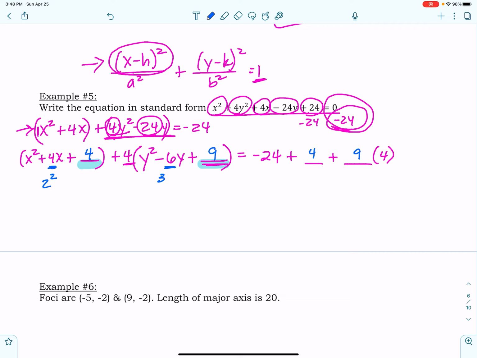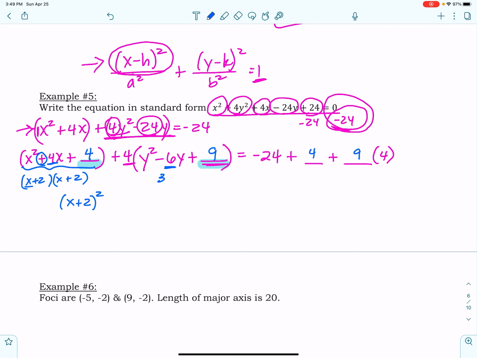Easy. Okay, now I want you to notice that this now is a trinomial. This can be factored, x plus 2, x plus 2. If your brain can't take the factoring, it's just going to be x plus whatever the half was of this, okay? So if that's easier for you to think about it that way, that's fine.